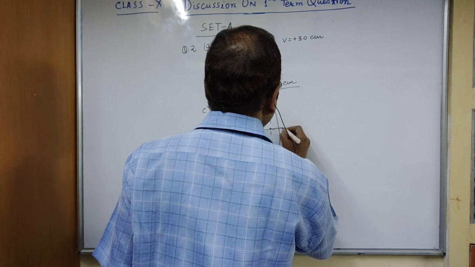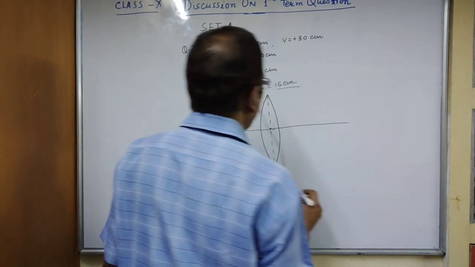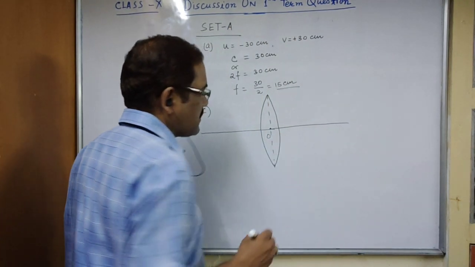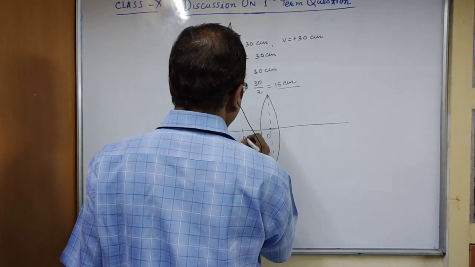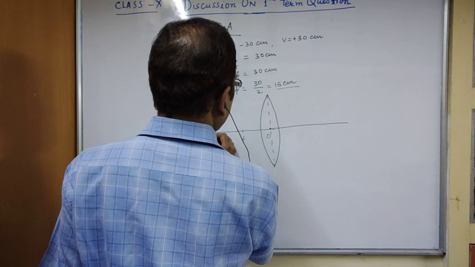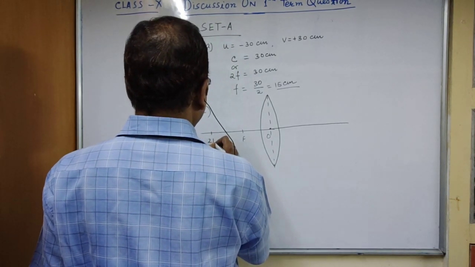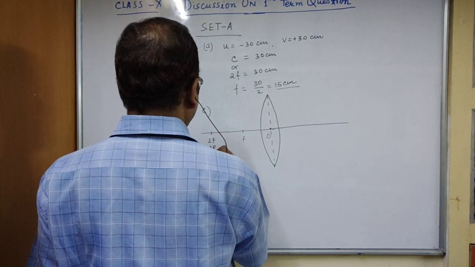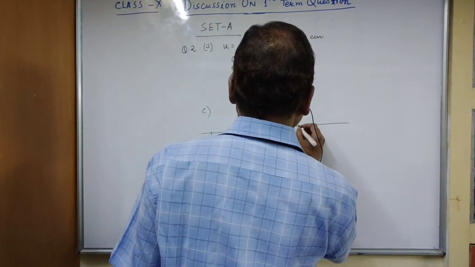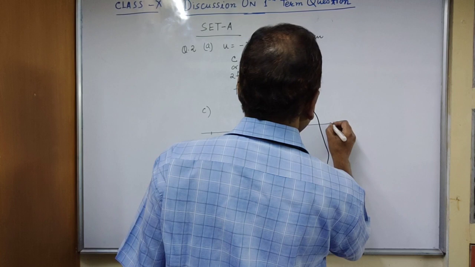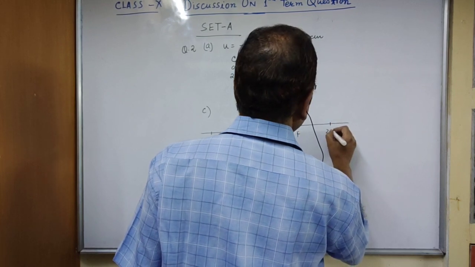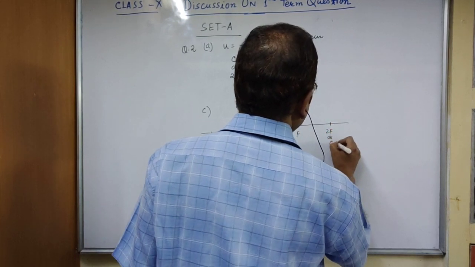Draw a horizontal line which passes through the optical center of the lens. Mark the points F and 2F at equal distances, 2F or C. On the right side also, F, and this point is 2F or C.